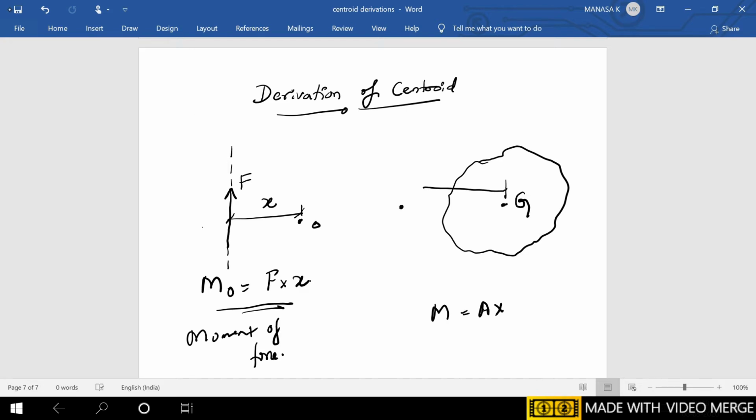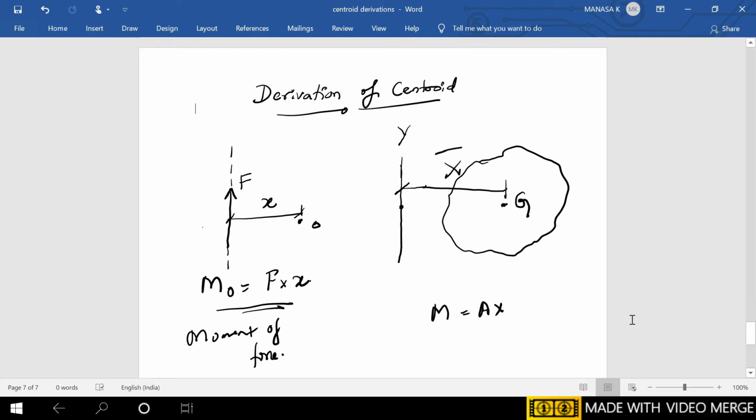Now here in this concept, instead of a point, I'll be having an axis. Let us consider I am having a y. I should refer the perpendicular distance from the point G. So that distance is calculated as x bar. That is the perpendicular distance from the centroid of the lamina till the axis of reference. Now it is the y-axis, so I will take the distance as x bar.